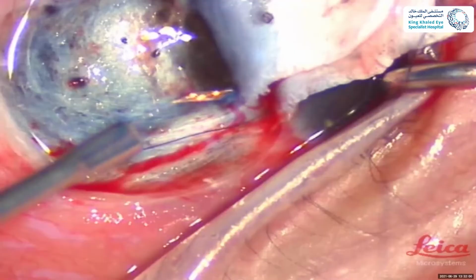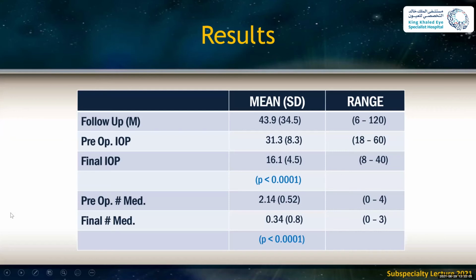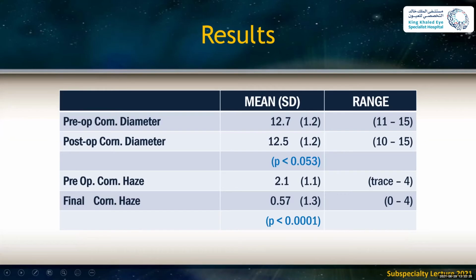Okay, so the outcome: the follow-up after almost 3.5 years, with a minimum follow-up of 6 months up to 10 years, the IOP reduced from 31 to 16 millimeters with a very significant p-value, as well as, which is important to us, not the number of medications, but the corneal haze. Corneal haze is a major issue in the development of the visual pathway.